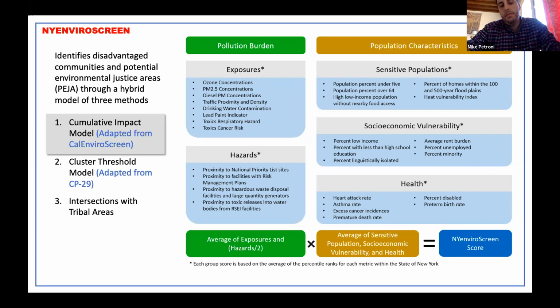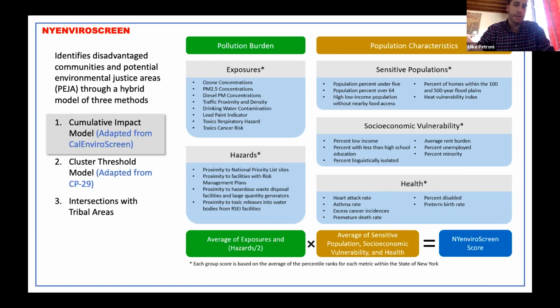So the first part of this is creating a cumulative impact model where we rate each block group in New York State based on these 5 different factors of exposure, hazards related to pollution, and then population characteristics of sensitivity, socioeconomic vulnerability, and health. And using per state percentiles, we combine these groupings to create a cumulative impact score called the New York Enviro Screen score.